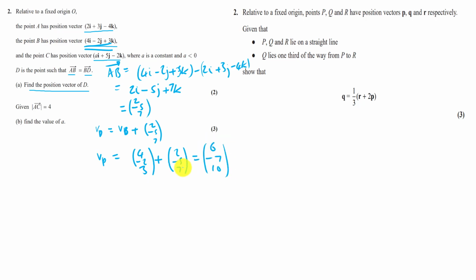Sometimes it's easier to write out like this so you don't make a mistake. So that's going to equal 6i minus 7j plus 10k. Now we've yet to go over this, but we should be okay to use this as a revision source.